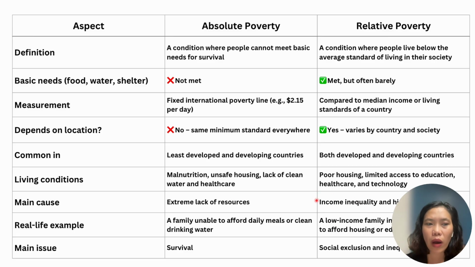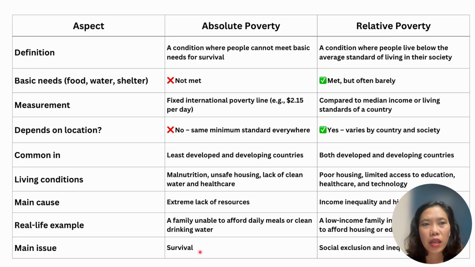The main cause of absolute poverty is the extreme lack of resources, while in relative poverty it is income inequality. As for real-life examples, in absolute poverty we have a family unable to afford daily meals or clean drinking water, while in relative poverty it's just a low family income, not enough to afford housing or education, like college.